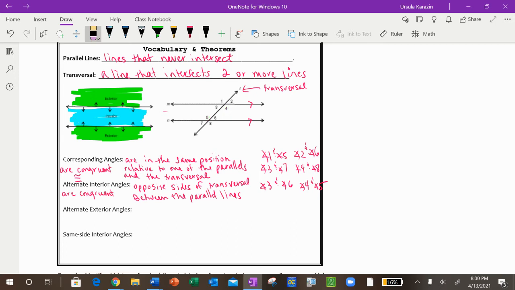Okay, then we've got alternate exterior. So our alternate exterior means opposite sides of the transversal. That's the alternate part. And then outside the parallel lines.